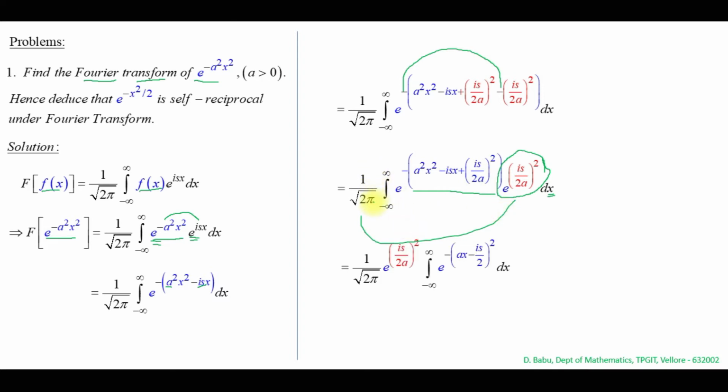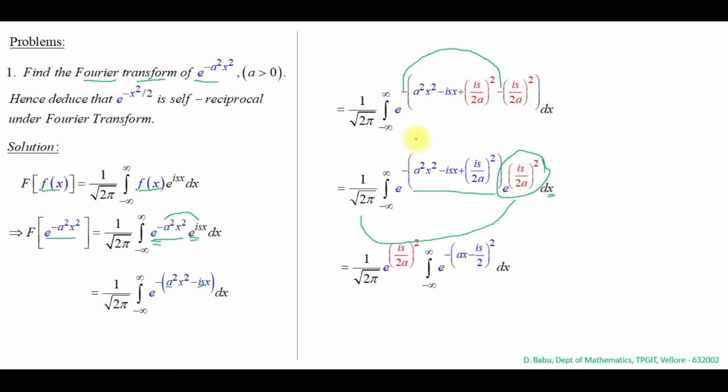So 1 divided by square root of 2 pi. It is independent of x; therefore, it is a constant, so we take it outside the integral from minus infinity to plus infinity. These three terms can be written as ax minus i s by 2a the whole square. If you expand this, that is a square minus 2ab plus b square, we get these three terms.